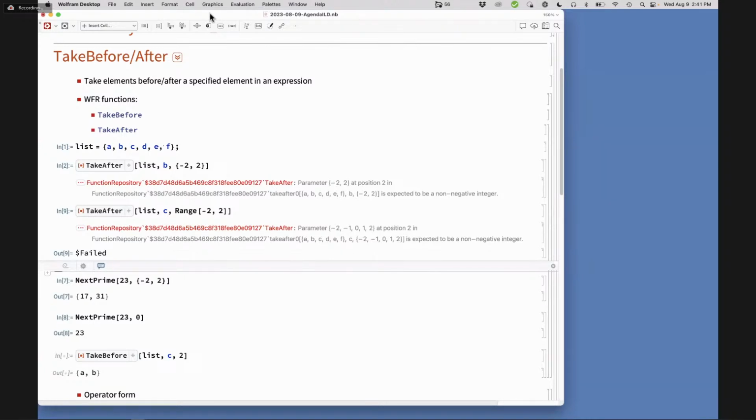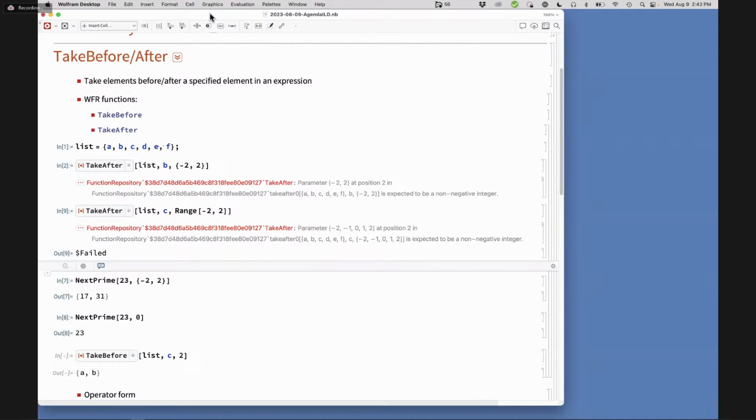What gets weird? Well, suppose we say -2, 2. Are we anchoring this because it's take after? Are we anchoring it to the last occurrence of B? Why does the sorting of the list have anything to do with that? It doesn't.